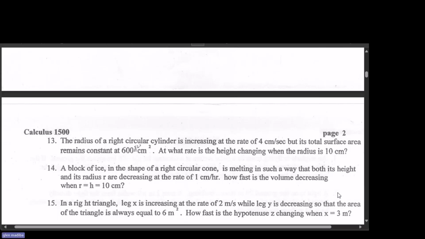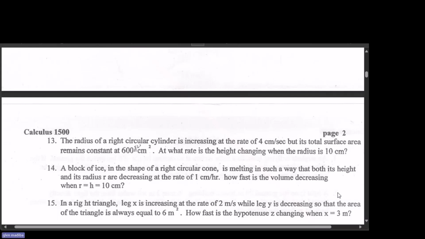Please allow me to repeat. In a right triangle, leg X is increasing at the rate of 2 meters per second, while leg Y is decreasing, so that the area of the triangle is always equals to 6 meters squared, or 6 square meter.